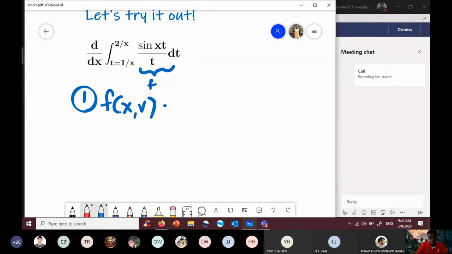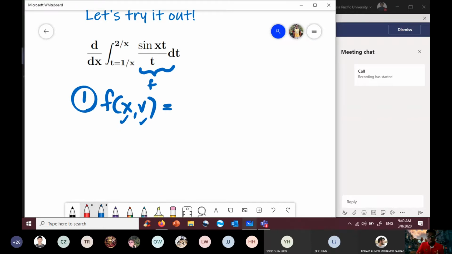So inside your f, there's x and t. Keep your x as x, but your t, change it into v. Again, the x, keep it as x, no changes, but your t, change it to v.